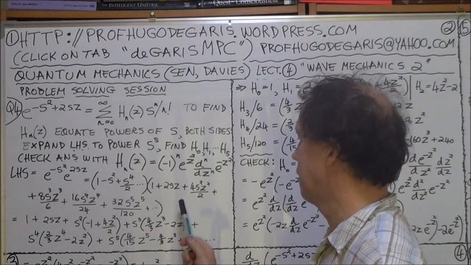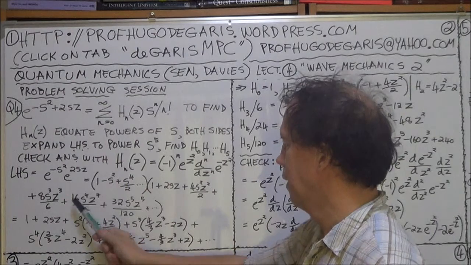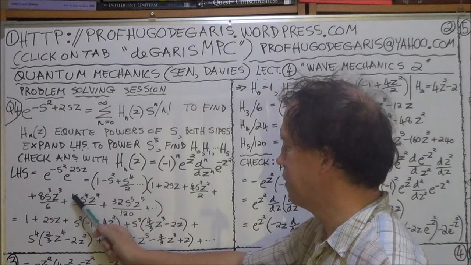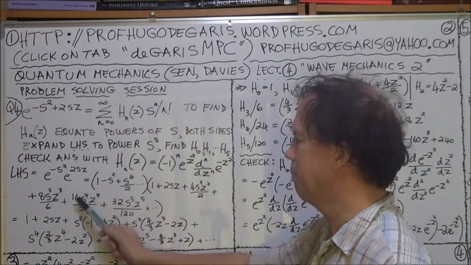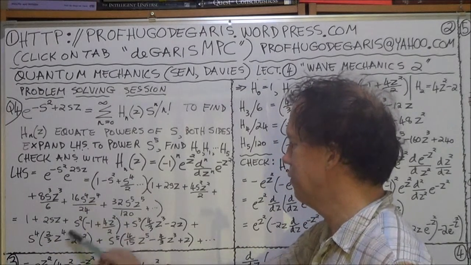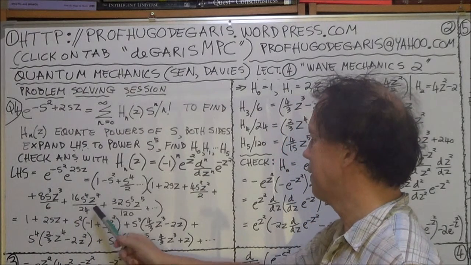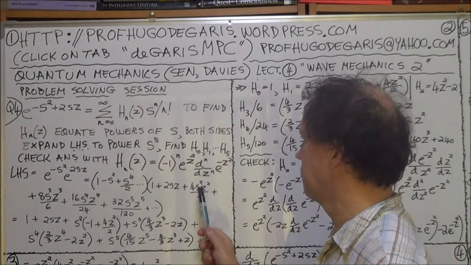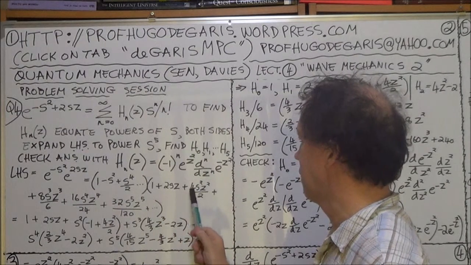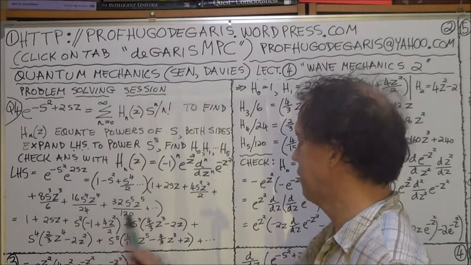Let's see. Divide both sides, top and bottom, by 8. So you'll get 2/3. That's here, z to the fourth. So that's that term here. And this one and this one, so that's minus 2z squared s to the fourth.